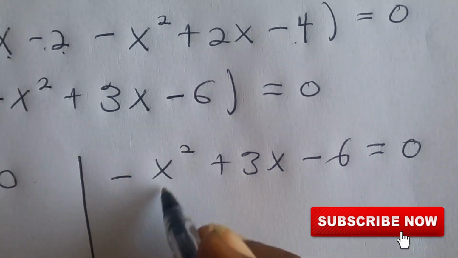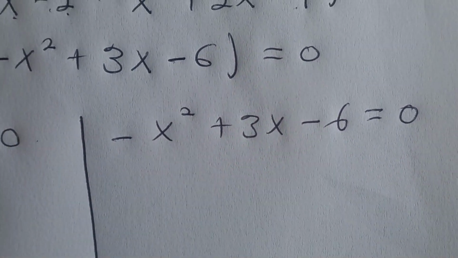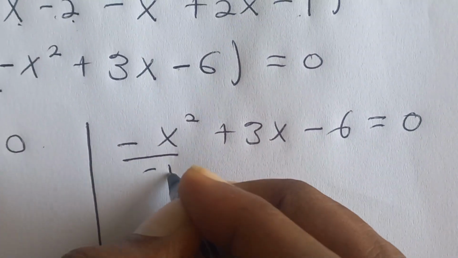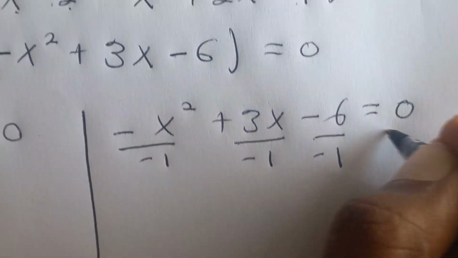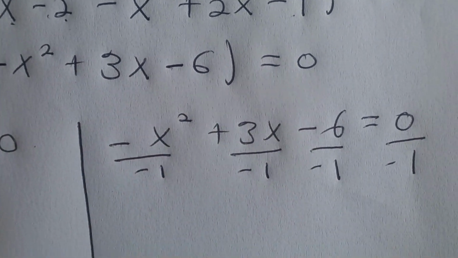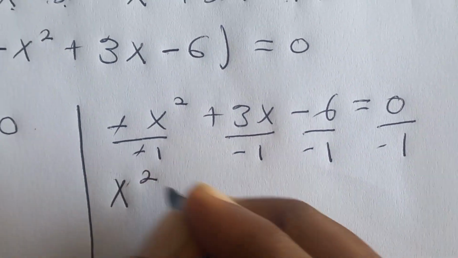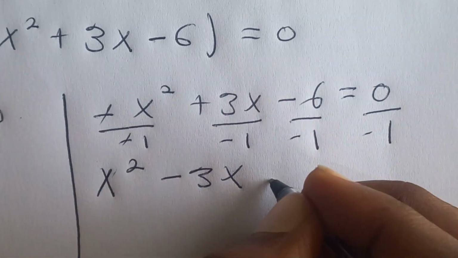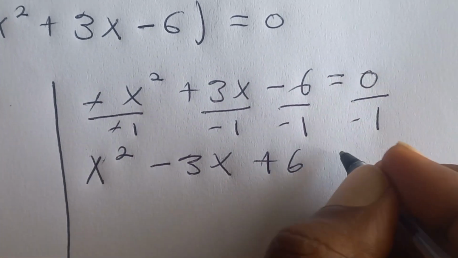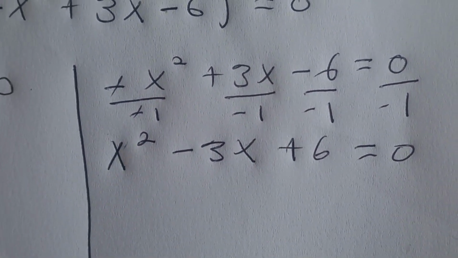We have a negative x squared here, so let's divide both sides by negative 1. So dividing both sides by negative 1, this will cancel this. So we have x squared minus 3x plus 6 is equal to 0. Okay.